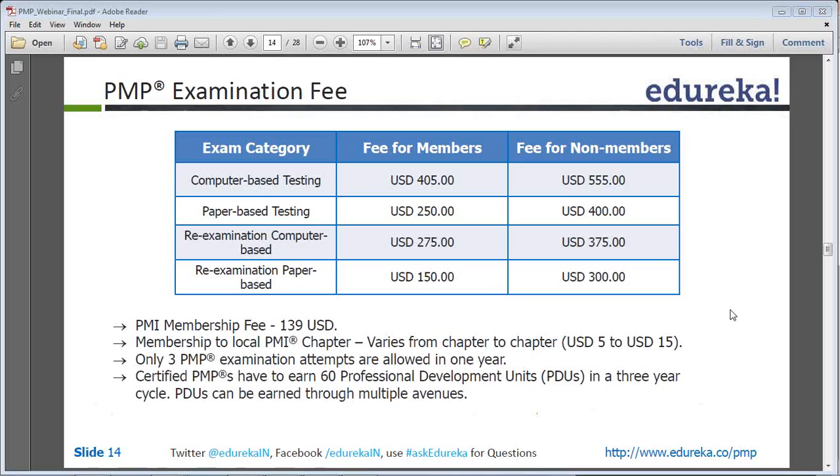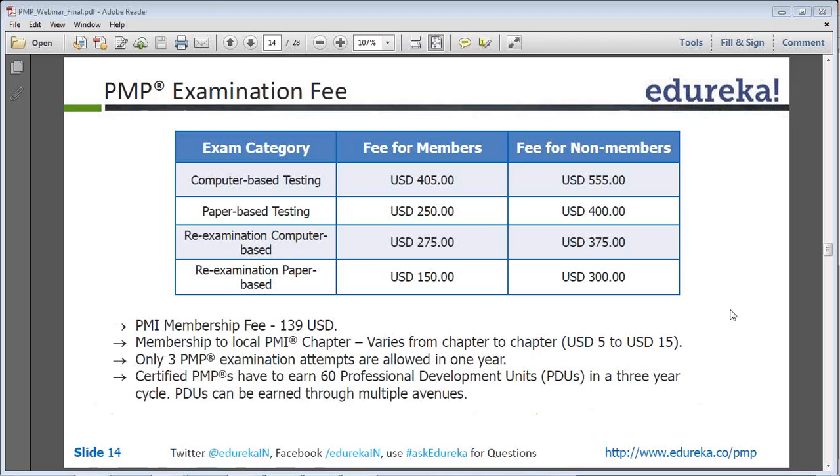PMP examination, but before going into the examination fees, let me say that for PMP, you can become a PMI member without being a PMP also. So you can be a PMI member even today. Number 2, it is not mandatory for you to be a PMI member to sit for the exam. But from experience, I would suggest that you should be a PMI member first.